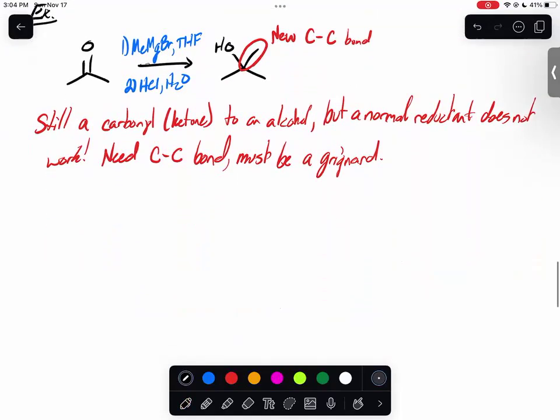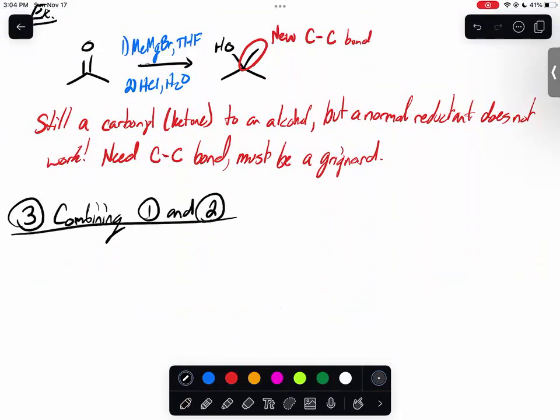For approach number three, we can combine number one and number two. And you can think about what this would be like. Let's think about it in terms of we know by our roadmap an alcohol via SN1 or SN2 will get us to an ether. The question becomes, though, how does this reaction actually work? Right?